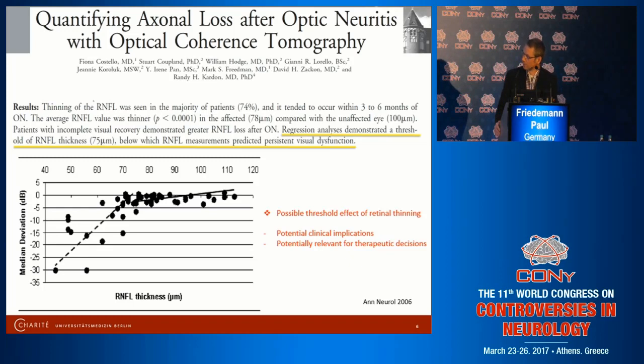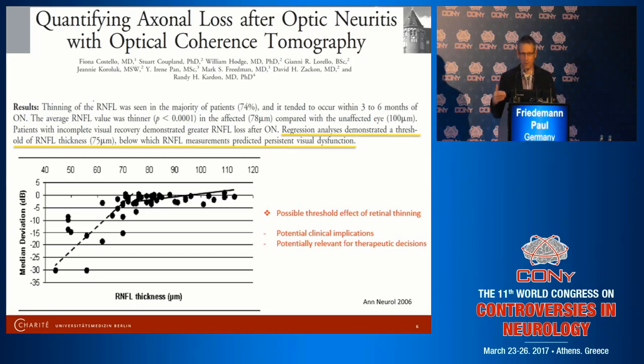But when a certain threshold of retinal damage is passed or is exceeded, and in this work it was 75 microns, you see that the visual field becomes very poor. What does this mean? That our visual system has the ability to compensate for structural damage to a certain extent, and there may be individual compensatory mechanisms across patients, driven by their biology and disease severity and so on.